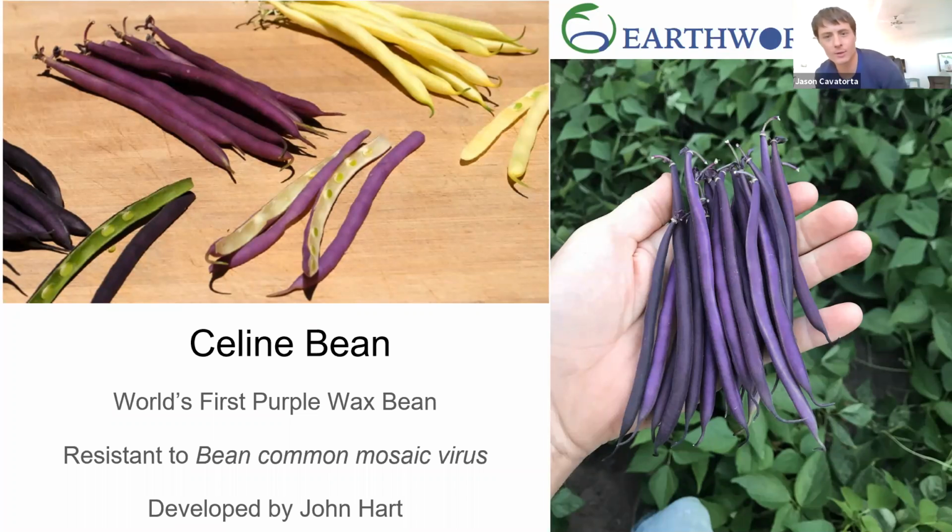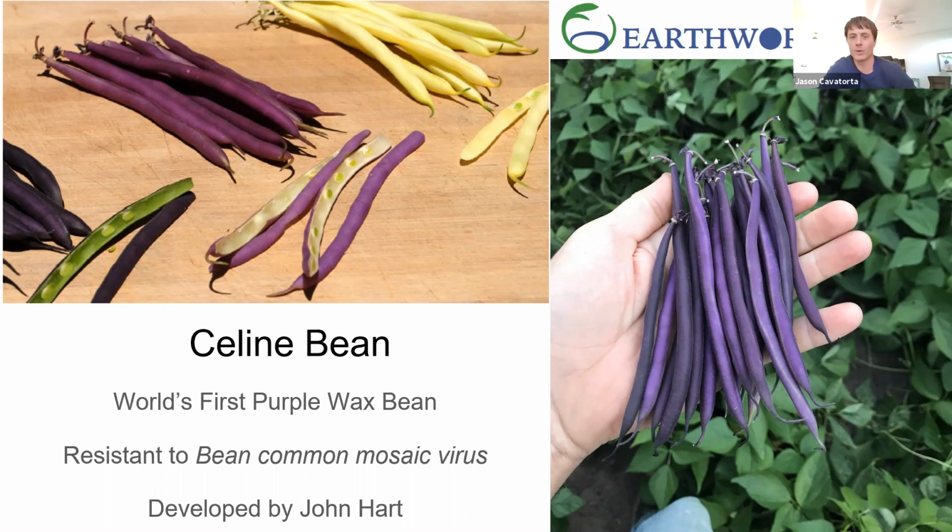And this is Celine, which was developed by my coworker. It's a variety that was just introduced this month officially, and it's the world's first purple wax bean. There are purple beans out there, which are basically that purple anthocyanin pigment on a green bean. So you can see on that photo, if you take a purple bean and cut it lengthwise, it's green on the inside.